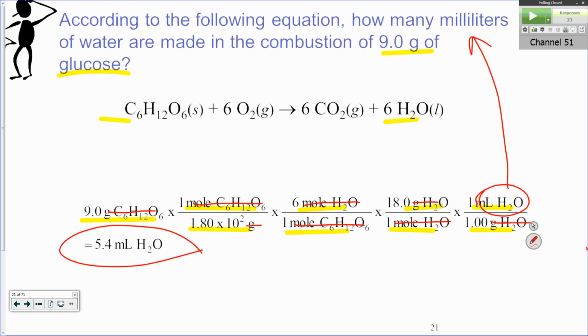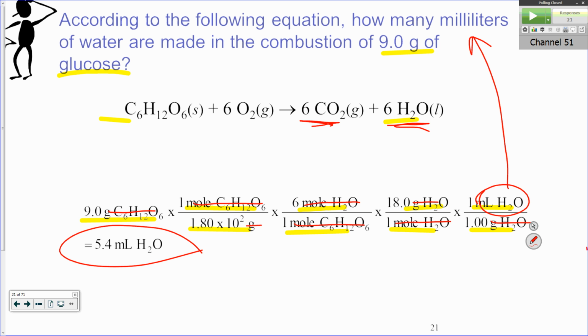When you eat that 9 grams of glucose, you produce 5.4 milliliters of water, which you're either going to sweat out, breathe out in your air, or urinate out. So everything that you consume, if it's a combustion reaction for a fuel, you breathe the CO2 out and you produce water.